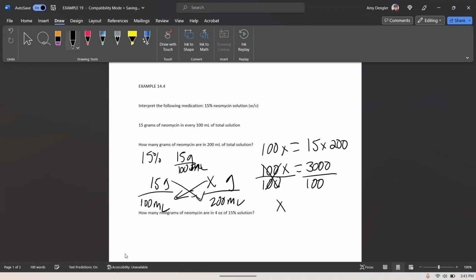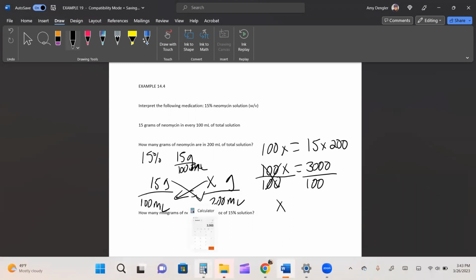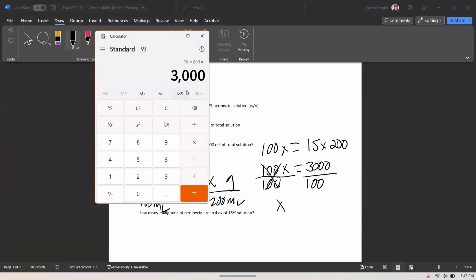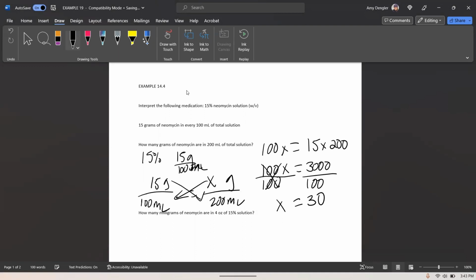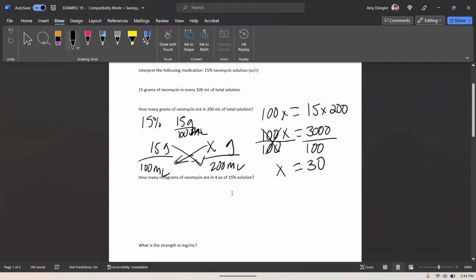We have x by itself now, but we have to do 3,000 divided by 100 to get our answer of 30. So we need 30 grams to make 200 ml, which makes sense because before we were doing 15 grams and 100 ml. So if we were doing double the amount of liquid, we would obviously need double the amount of neomycin.